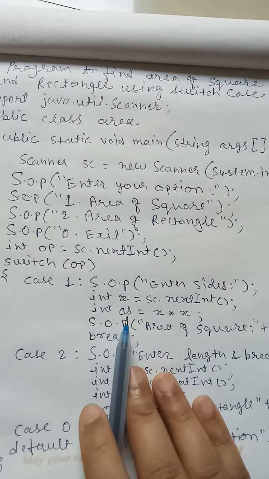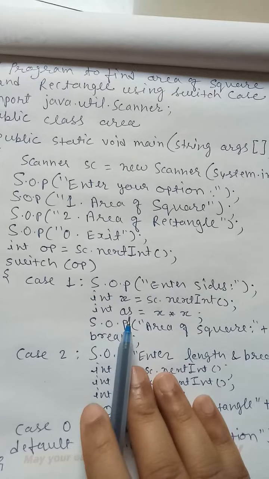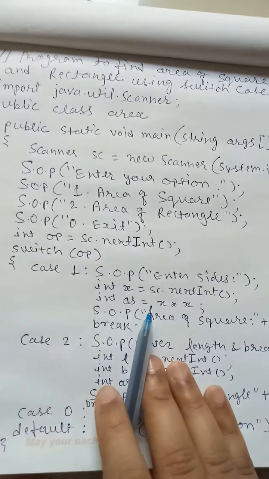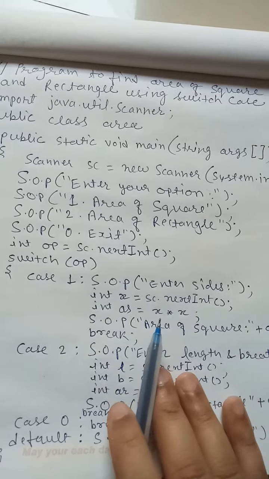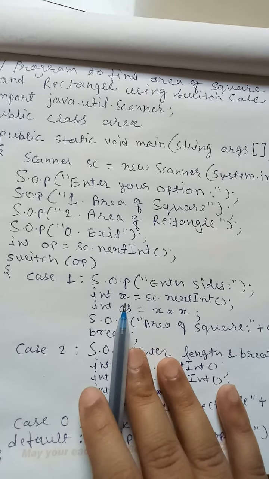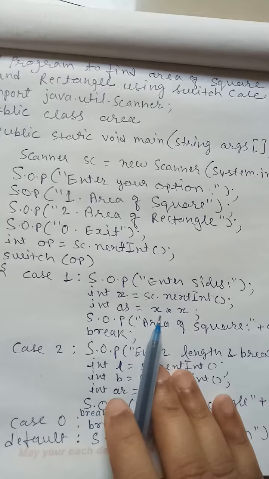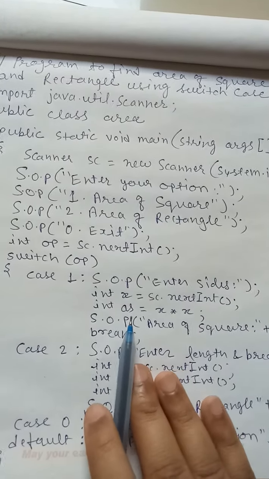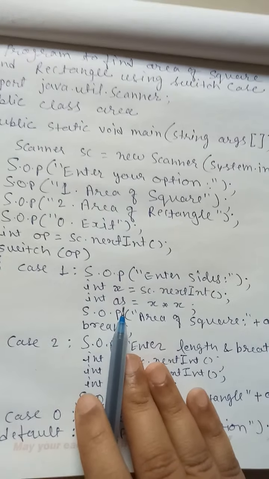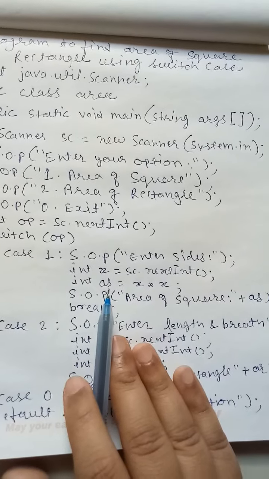One more variable I have taken, AS, मतलब area of square, in which I am going to store side into side. So the value of side is stored into X, so I'm just multiplying X into X, मतलब side into side, and it is going to be stored in AS, मतलब my final answer is stored into AS.